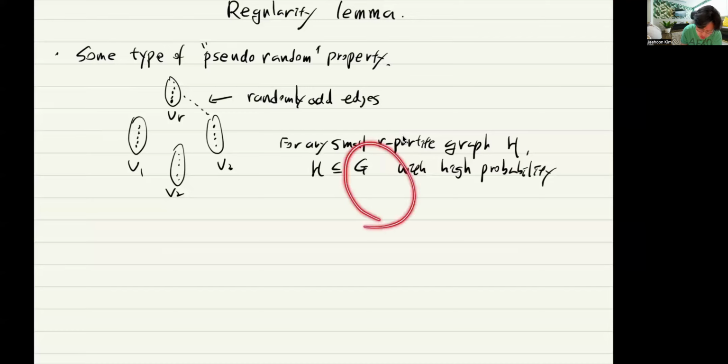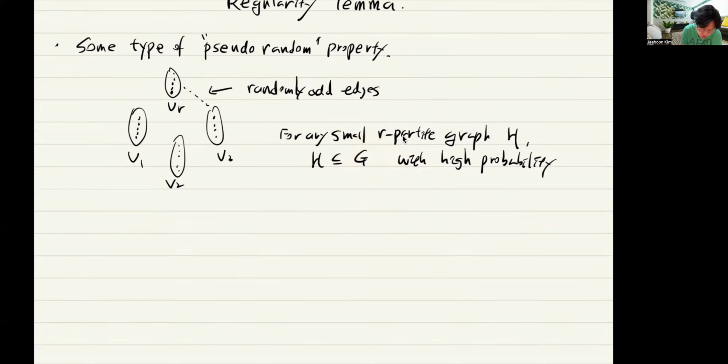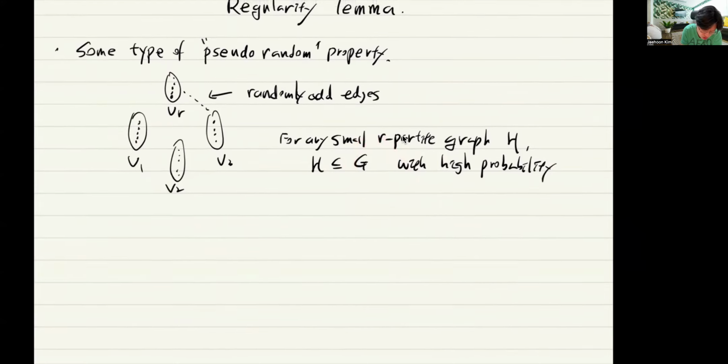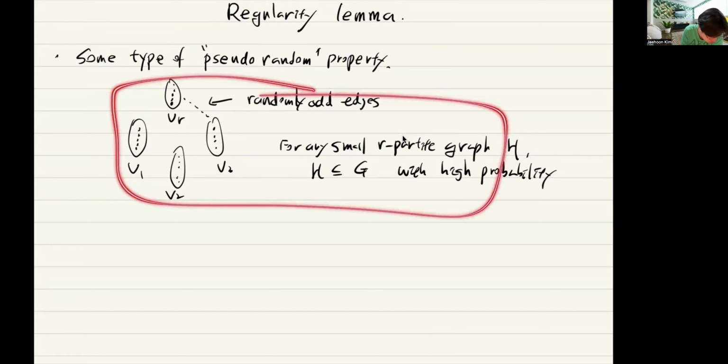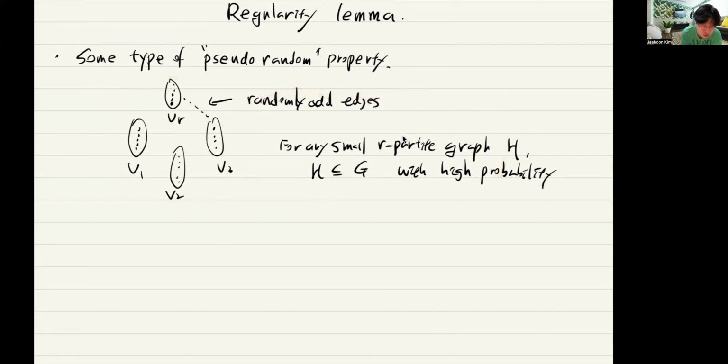And if such a condition holds, then we wanted to find a copy of H in G. And here it shows that if the condition on G is randomness, then this problem becomes easy. But this randomness is quite a strong condition. So can you find a weaker condition that still guarantees such a good property?